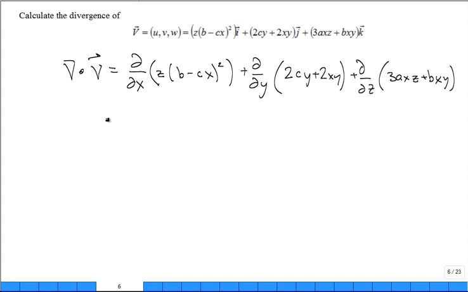Is that true? Is that how I take the divergence of that vector field? Thumbs up if you agree.